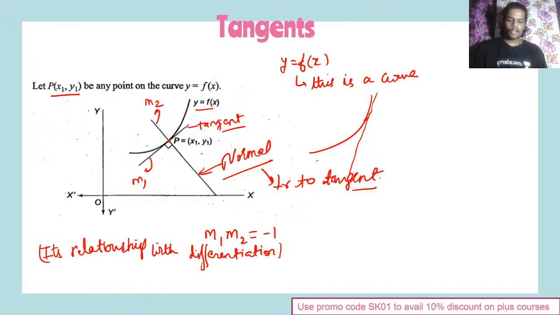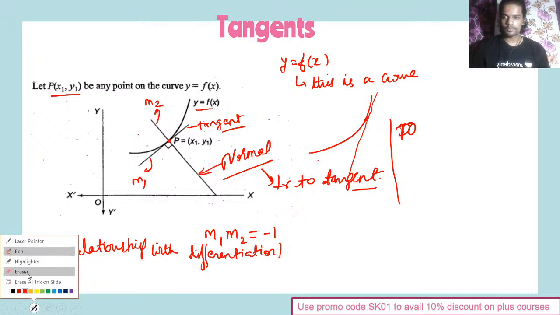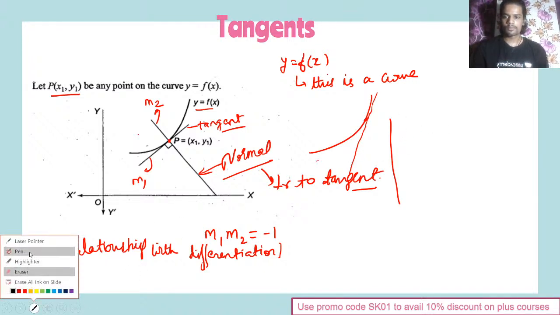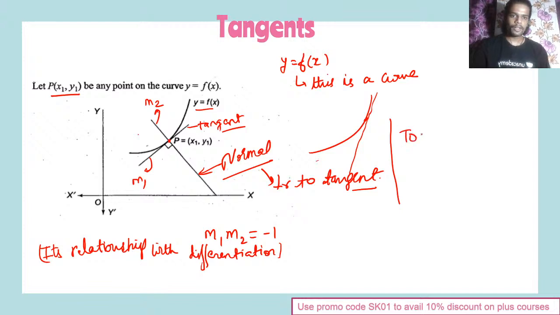So in order to define a line, you need a point and its slope.